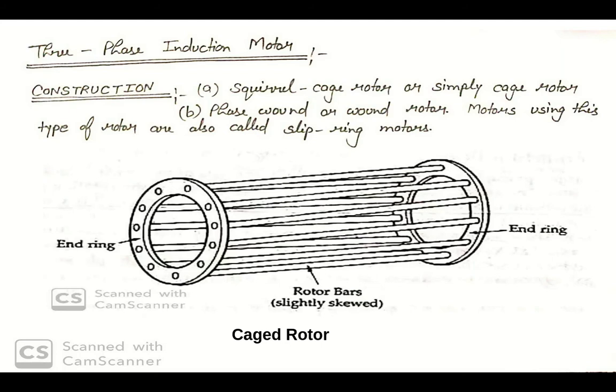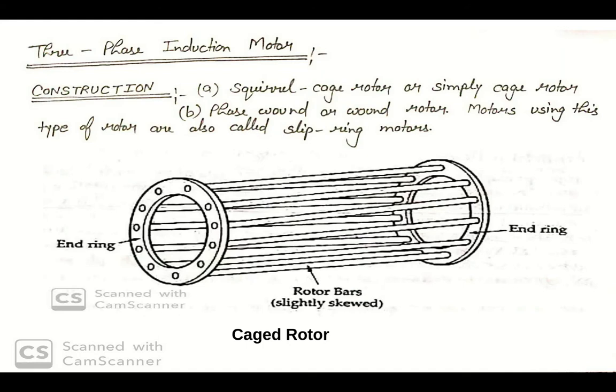On the basis of construction, we can say that a three-phase induction motor essentially consists of two parts, as you know, stator and rotor. Stator is the stationary part and rotor is the rotating part.